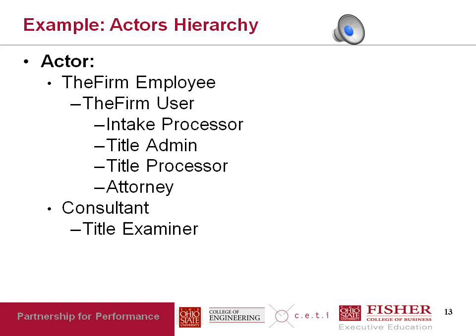So once again, the actor hierarchy defines the prototypical users in a system. These users are structured in an inheritance hierarchy, starting with the most general sets of users and trying to be more and more specific. Keep in mind that users might be both external to an organization as well as internal to an organization.